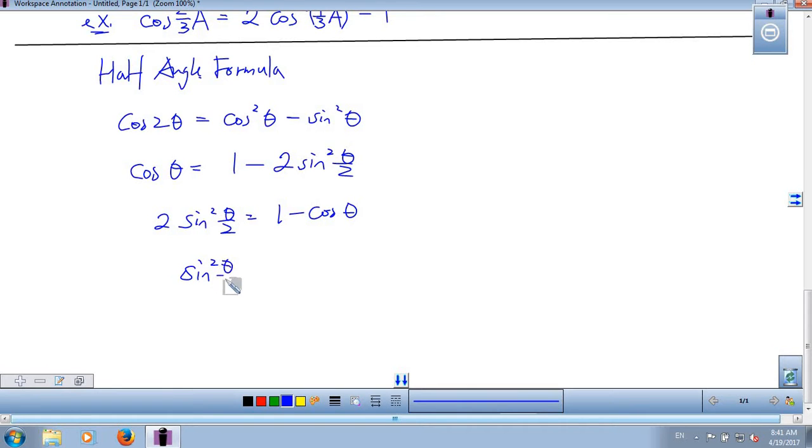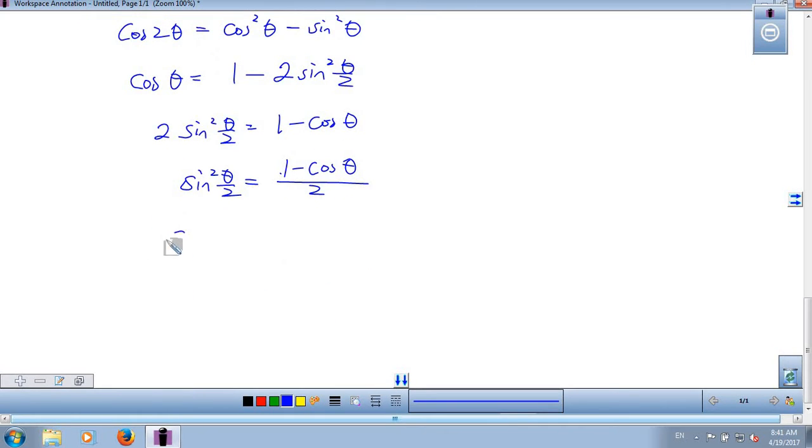So as you can see, sine squared theta over 2 is equal to 1 minus cosine of theta, divided by 2. This is one way to express it, and then I can solve for sine of theta over 2 by taking the square root on both sides. So it's plus or minus the square root of 1 minus cosine theta over 2.